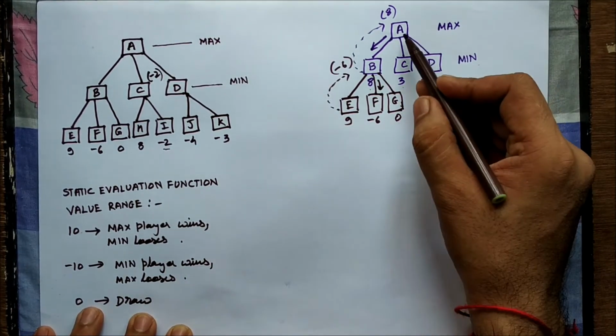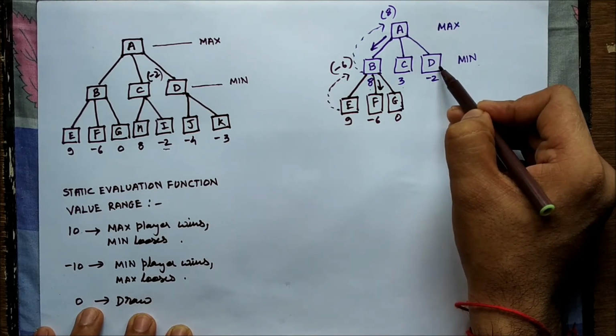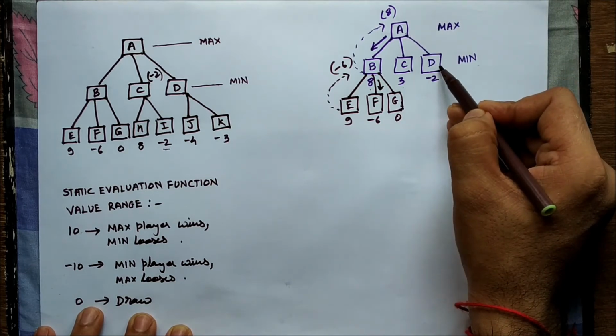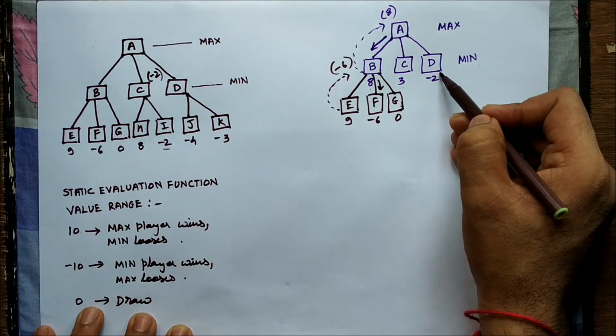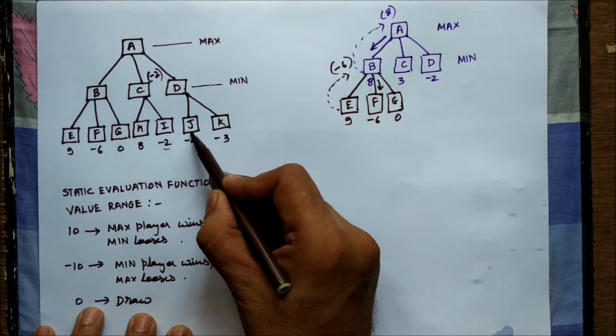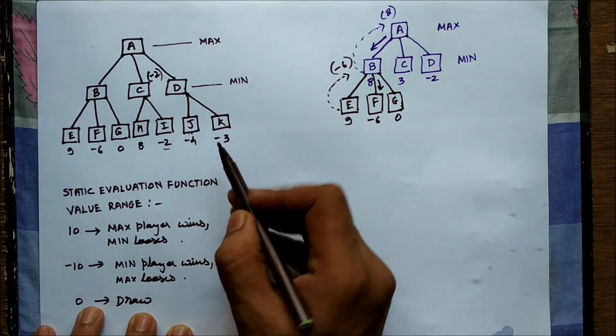And suppose instead of choosing C, the max player had chosen D. Then foreseeing one step in advance, it realizes that from D the min player has 2 nodes, J and K, and out of these 2, the min player would have chosen the minimum, that is -4.